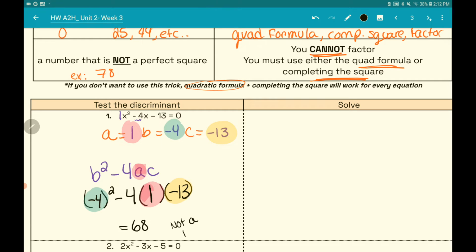No. So that means it is not factorable. So I prefer to use, I think completing the square. And that's how I'm going to solve this equation.